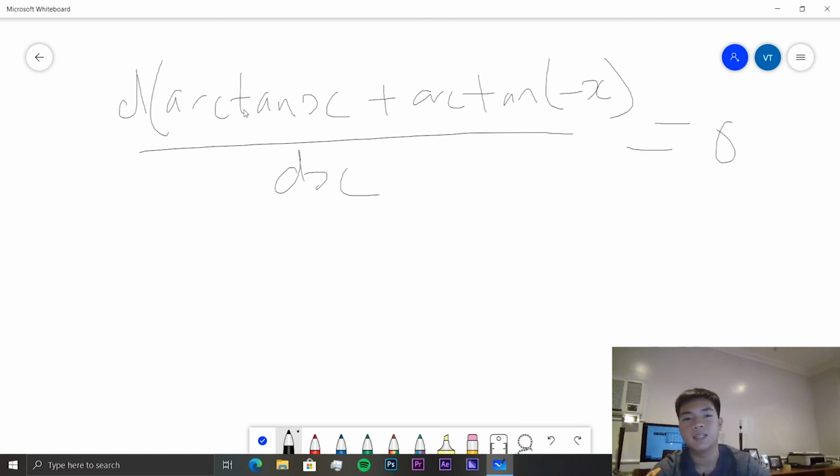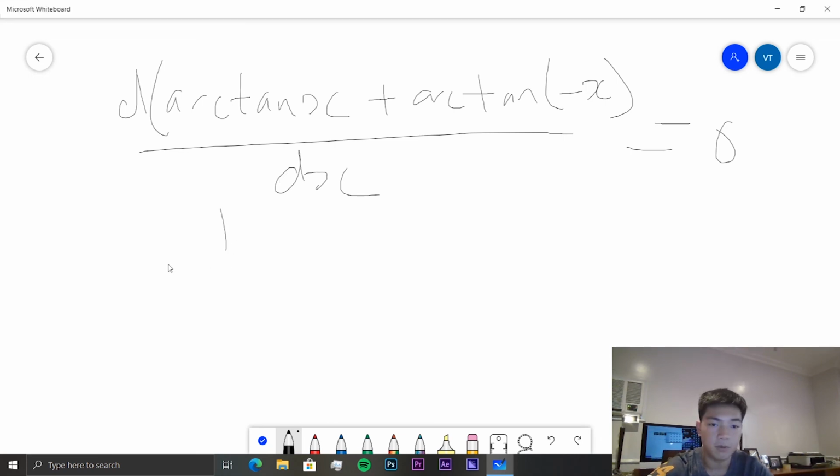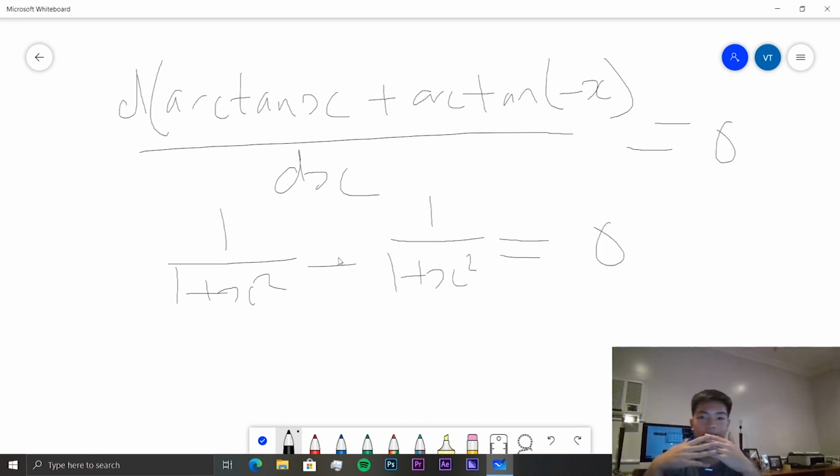I mean, this one's pretty obvious. This is just because this is equal to 1 over 1 plus x squared minus 1 over 1 plus x squared. So therefore it's equal to 0, because both inverse tangents correspond to the same angle in different quadrants, so the rate of change is effectively 0.